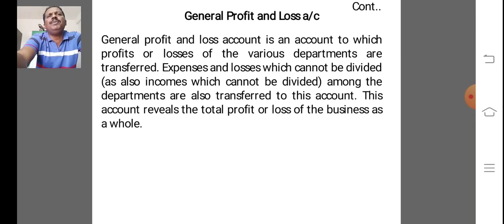The total profit or loss of the relevant accounting year can be obtained from general profit and loss account. The details of appropriation would be specified. On preparation of profit and loss appropriation account, the balance amount of profit or loss with the undertaking can be ascertained. Such amount of profit or loss would be transferred to balance sheet.